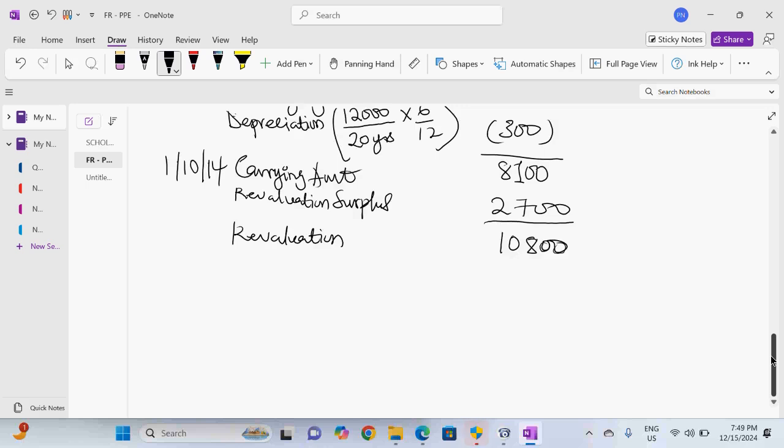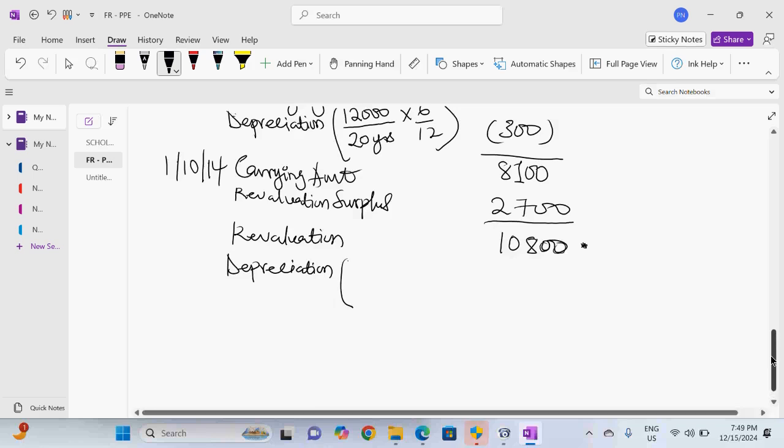So this 10,800. Now let's compute our depreciation. We want to get to 31st March 2015. Depreciation continues because it will be in the business up to 31st March. The depreciation would not go to the cost.